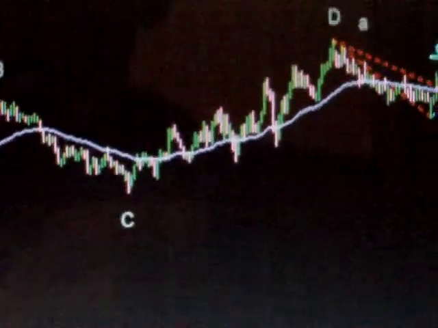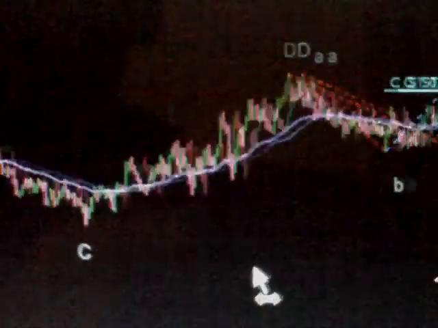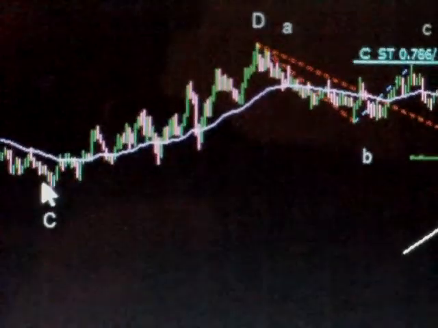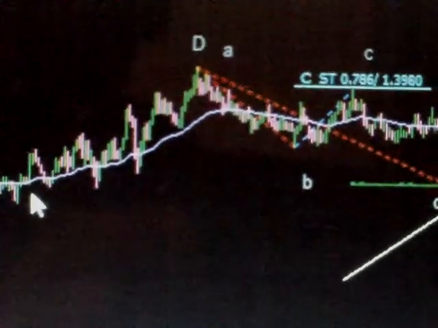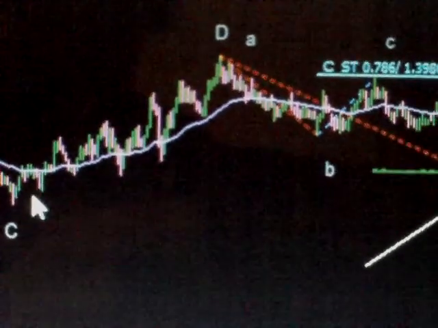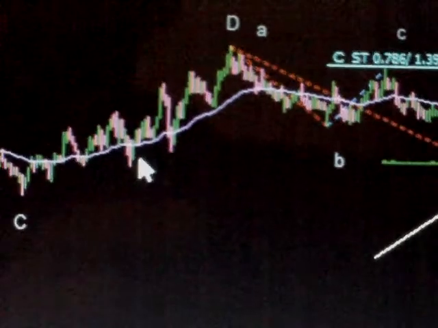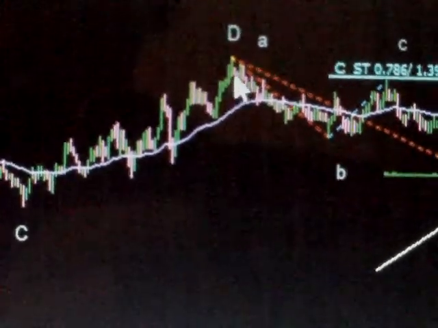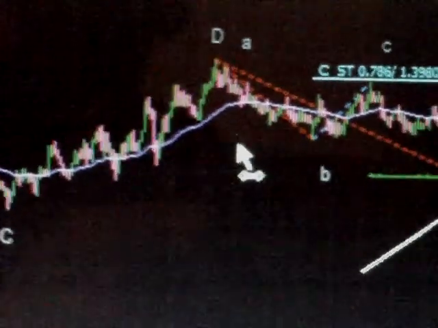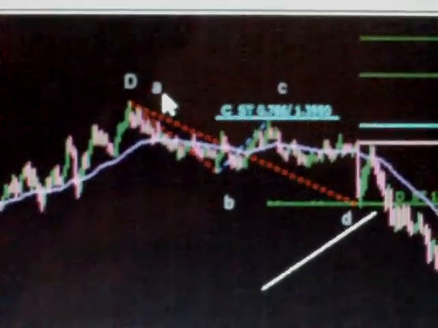But on this 3-minute chart, from point C to point D could be considered a 3-minute uptrend. In the context of the smaller time frame, this is an uptrend with support symmetry basically holding, making higher highs and higher lows.